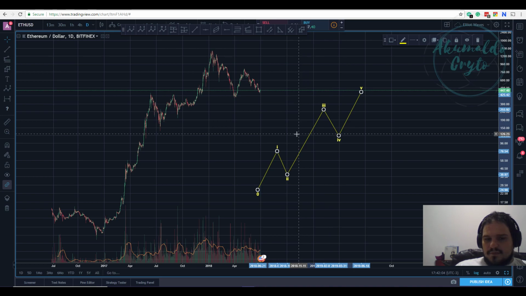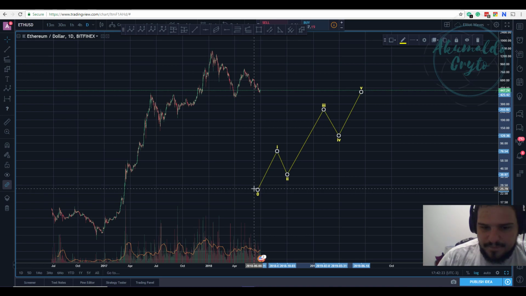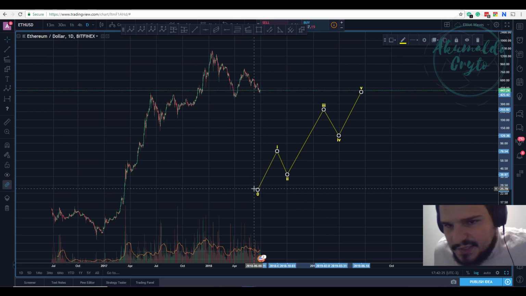You see that nothing can go up forever. It must correct, and that's the nature of the thing. Yes, we have some set of rules that we can use to enlighten our way of analyzing the chart, and then perhaps make better predictions.